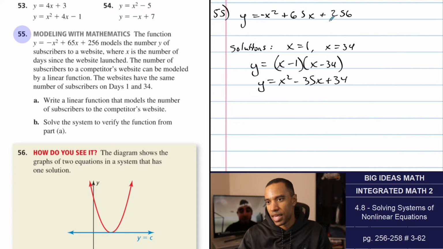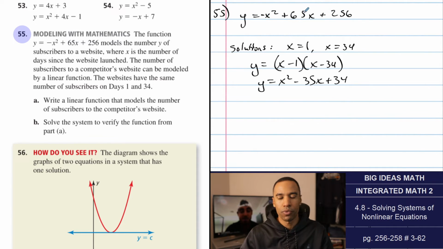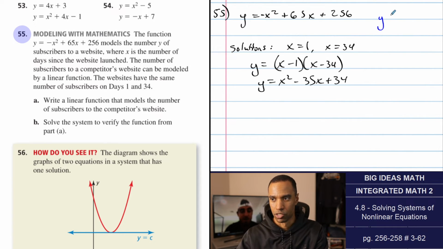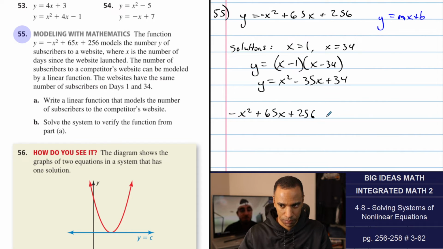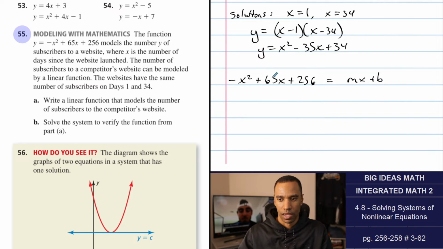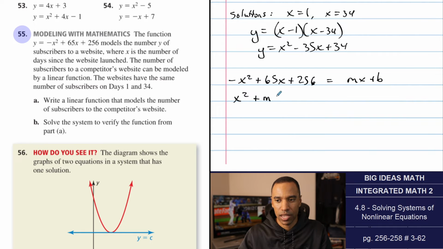So I need this thing, when compared to the other equation that I have, some y equals mx plus b, some ghost equation. When I set these things equal, negative x squared plus 65x plus 256 equals some mx plus b. If I add x squared over, if I subtract 65x over, I have some mx minus 65x, and I have some b and some minus 256.